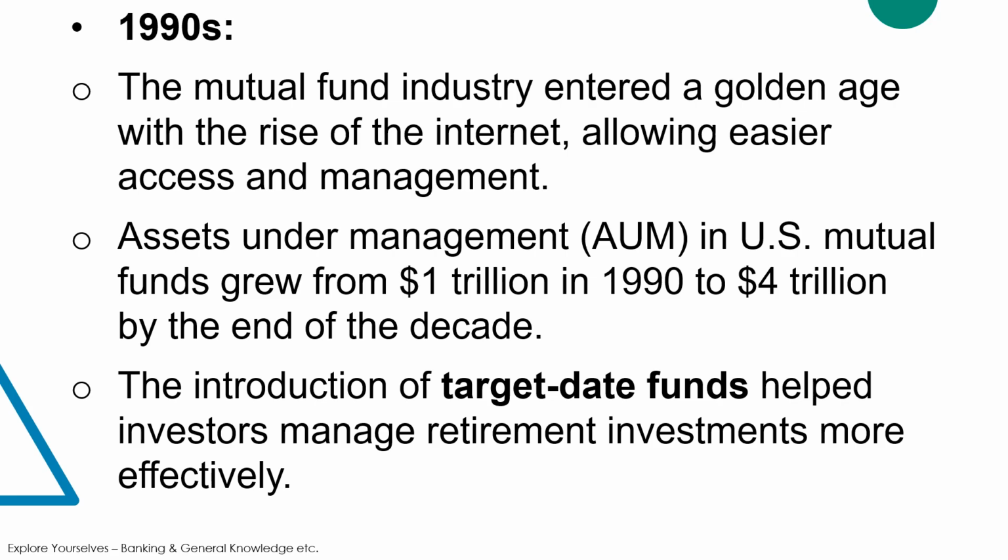Assets under management (AUM) in US mutual funds grew from $1 trillion in 1990 to $4 trillion by the end of the decade. The introduction of target date funds helped investors manage retirement investments more effectively.